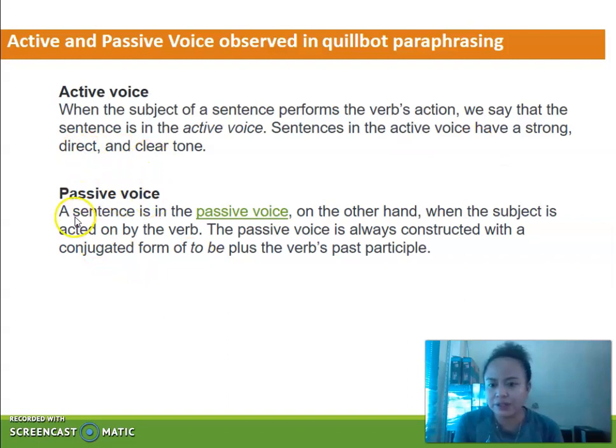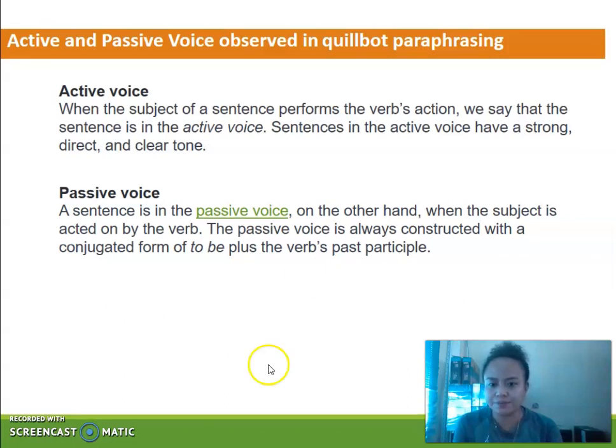On the other hand, a sentence is in passive voice when the subject is acted on by the verb. Passive voice is always constructed with a conjugated form of to be plus the verb's past participle. So, let's have some examples of Quillbot paraphrasing, observing the conversion of active voice to passive voice, and vice versa.